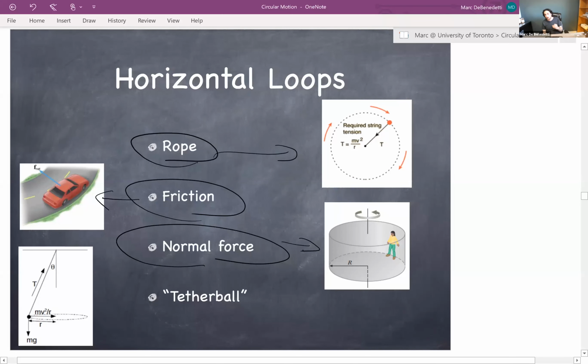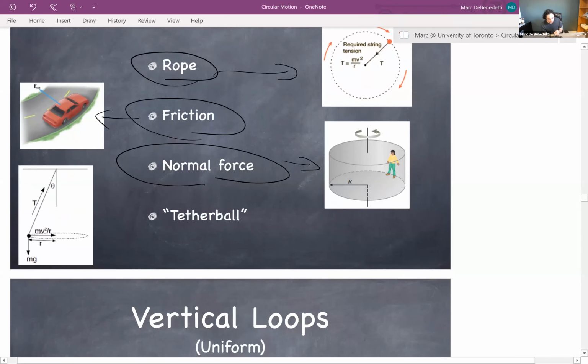That could be like a body in the car, and the car pushes your body when you're turning the corner, or when you're on a roller coaster ride and it's spinning. And we have a tetherball question, which we've just done, where the overall trajectory is a horizontal circle. This ball physically travels in a horizontal circle, but the point of origin is not at the center of the circle. It's either above or below it. So there's an angle involved there.